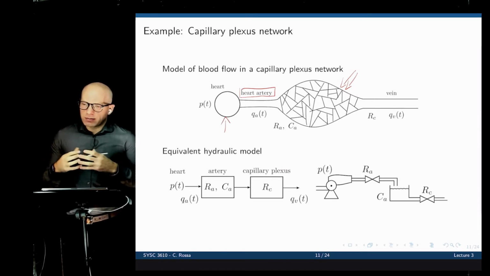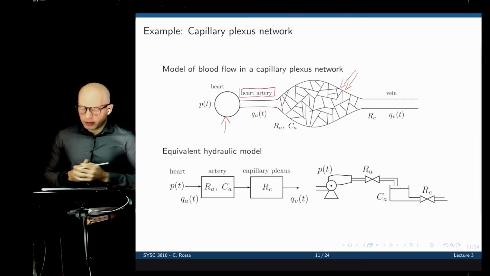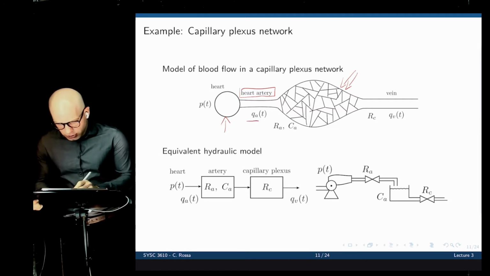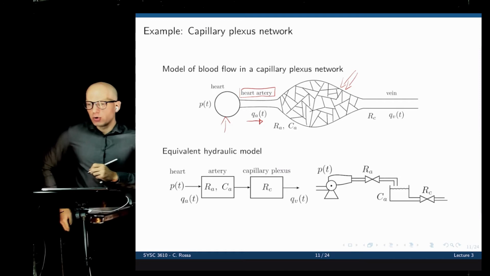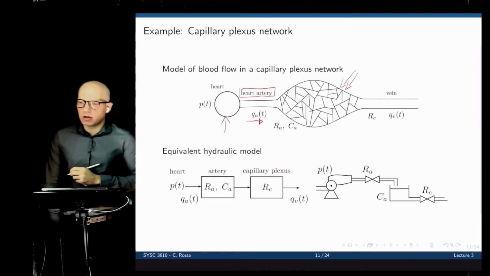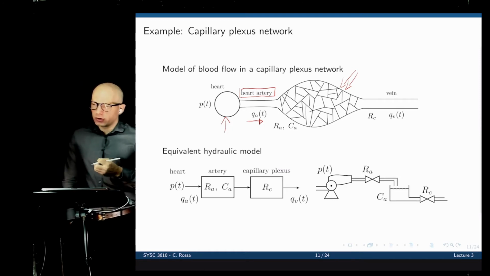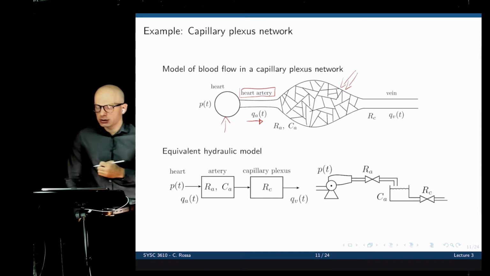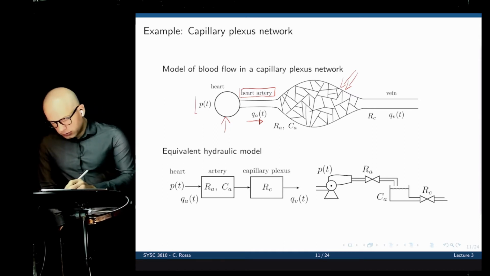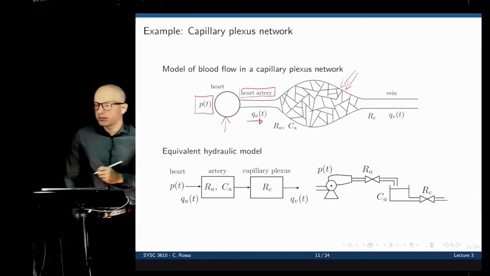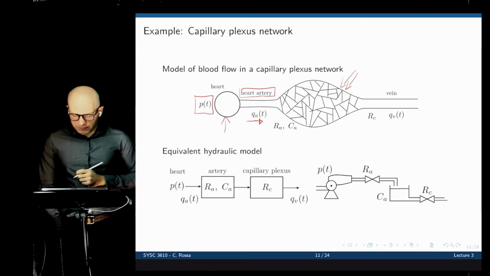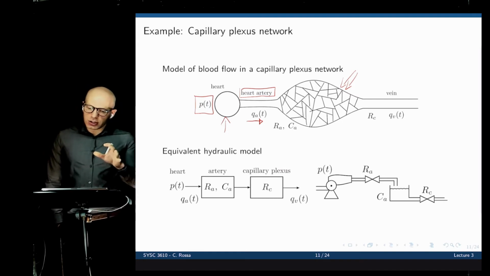That pressure now pumps fluid into the network, and we see an initial flow going into the network. We're going to call that QA. So this is the flow rate coming from the heart as a result of an injected pressure P of t. So this now goes to the network.